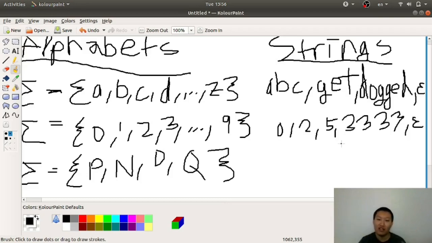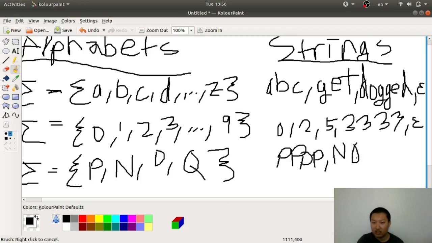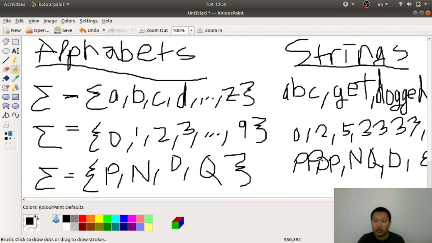And just to complete the example, we could have strings of American coins. So we could have penny, penny, we could have penny, penny, penny, penny, we could have nickel, quarter, we could just have a single dime, or we could have no coins, right? That's another option.